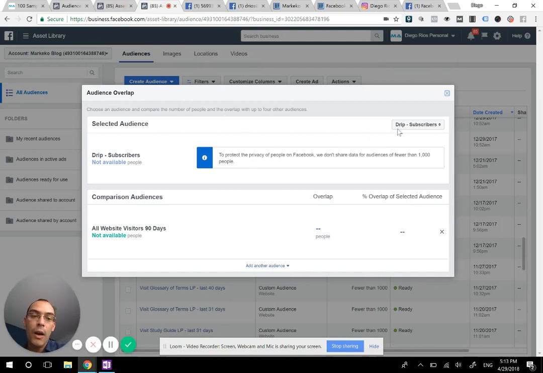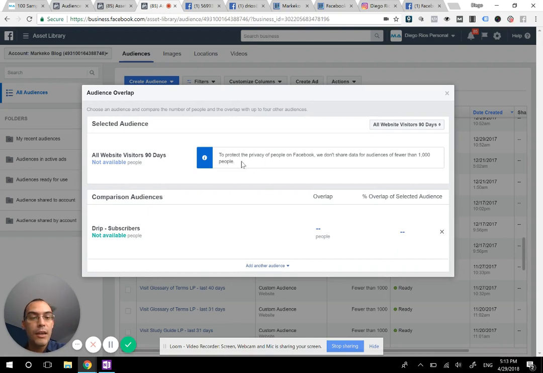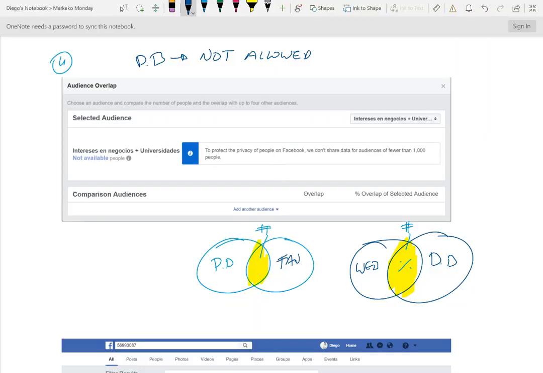But if you look at it now, if I upload people or databases, it won't show me the data because now you get this message: to protect the privacy of people within Facebook, we don't share data for audiences of fewer than 1,000 people. Even if it's more than 1,000 people, now audience overlap won't show you within Facebook, right?